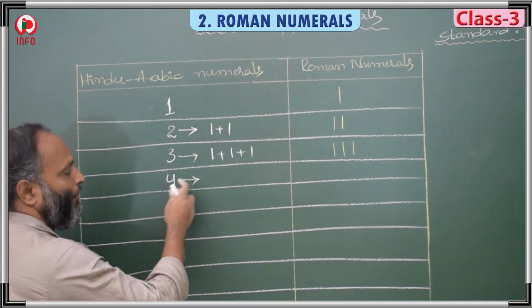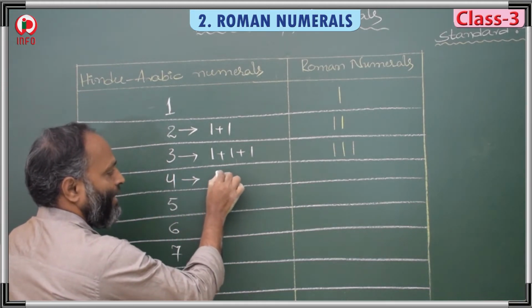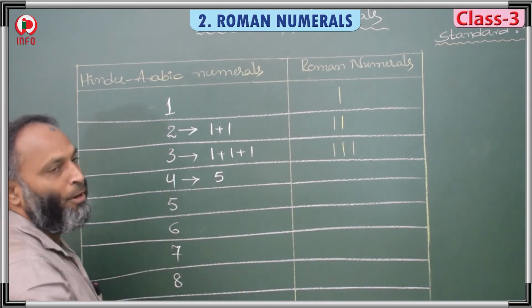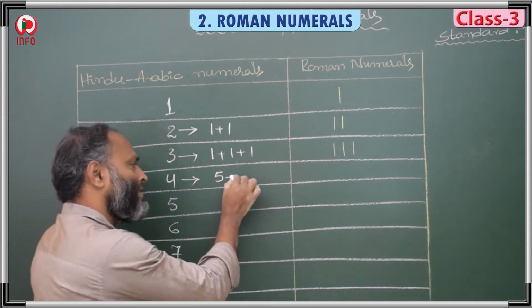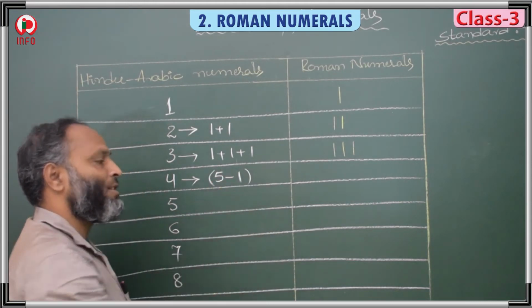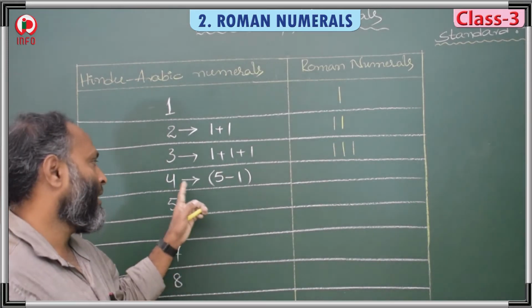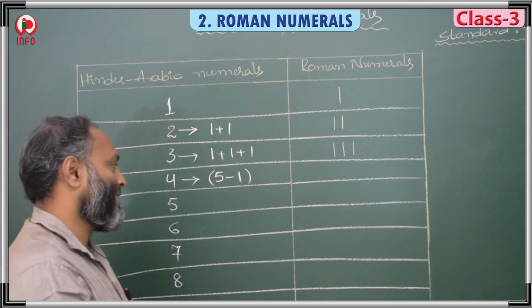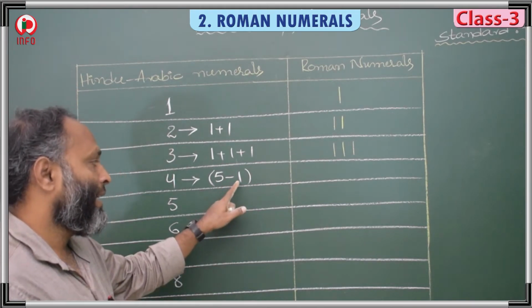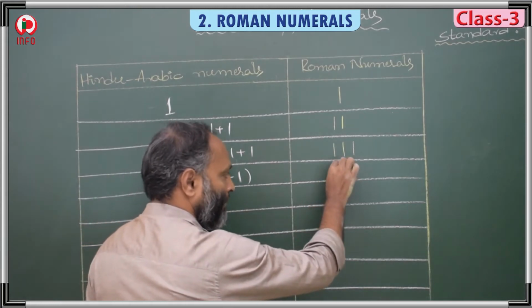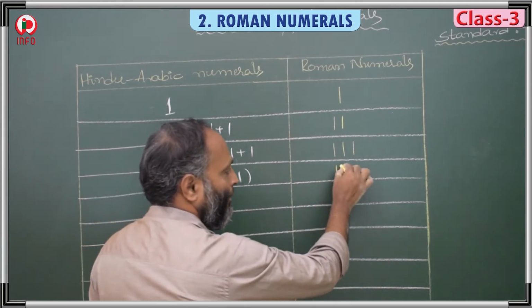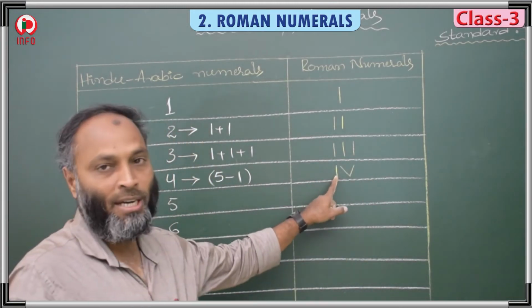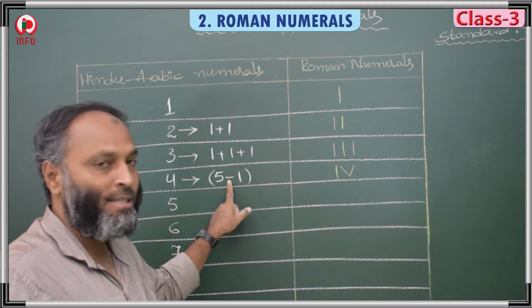Another way for 4: the representation of 5 is there in Roman numerals, and 1 also has a representation. 5 minus 1 gives the answer 4. Whenever minus is there, the smaller Roman numeral comes first and the bigger Roman numeral after, on the right side.